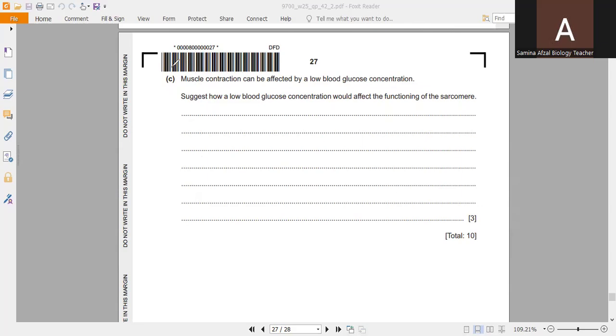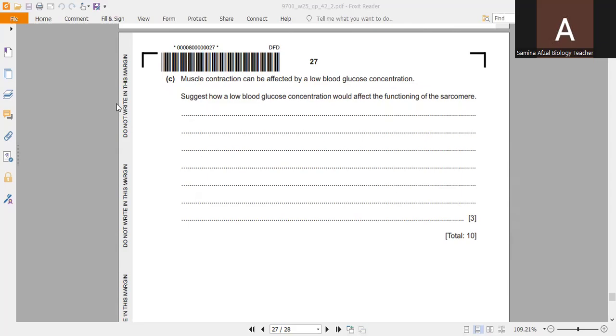First of all, we have to give a suggestion about this. The question is about the metabolic supply to the mechanical action of the sliding filament theory, and the impact of low blood glucose on the sarcomere.